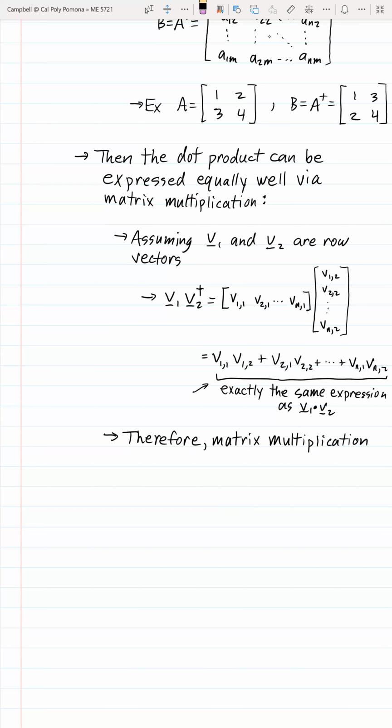So now you can see that this connection is even a little bit more nuanced than you might have thought before.